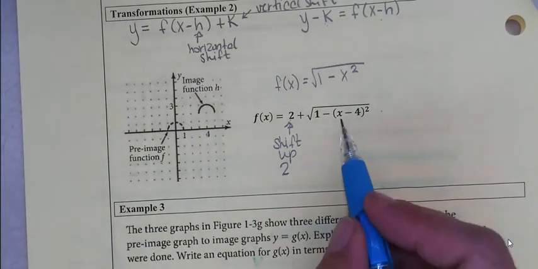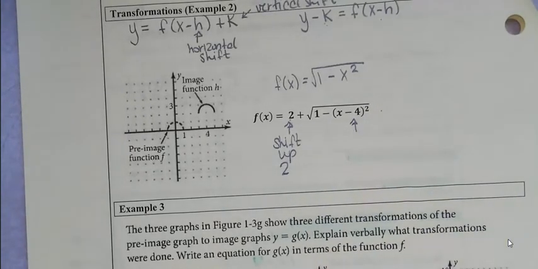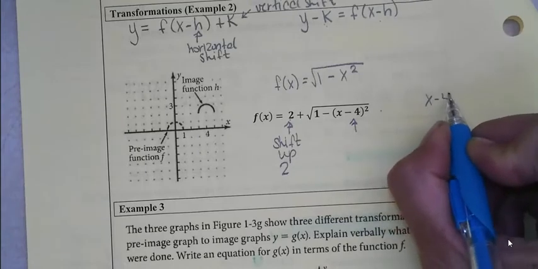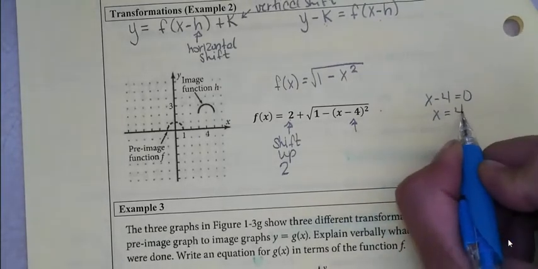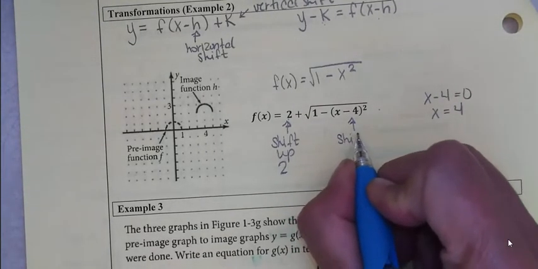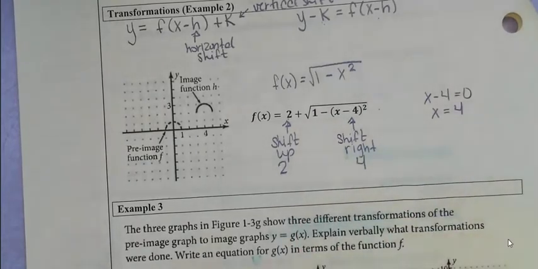And then we've got x minus h. Which way are we going to be shifting this graph? Are we going to go left or right? Well, it's x minus 4. If you get confused, you can set that equal to 0 and solve for x. So we're going to move right 4. So this is a shift right 4.